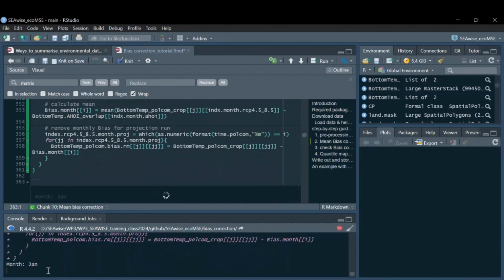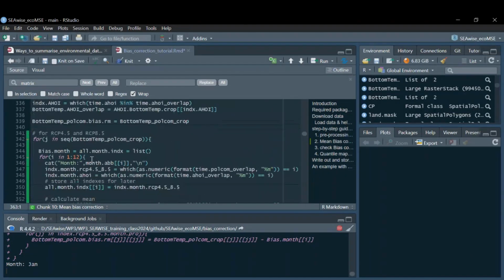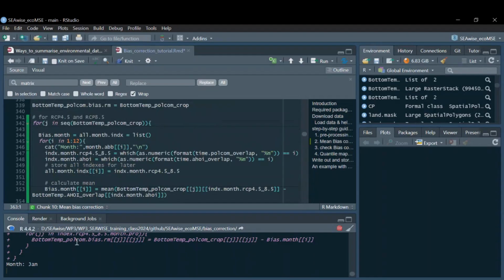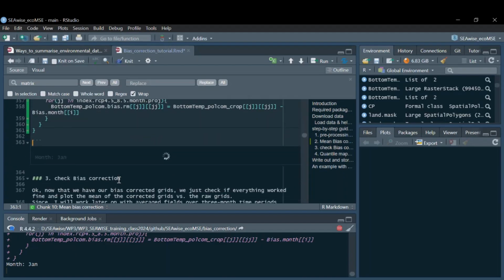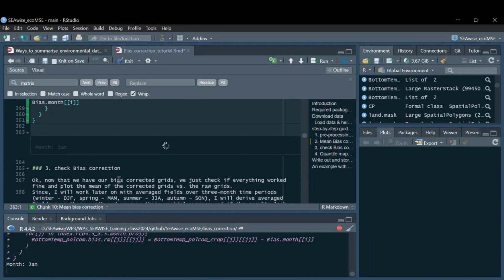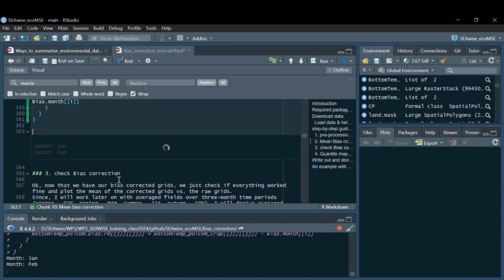This also takes a while. I just print out the months to the console, like, now it's running January, and when this is finished, we can check our bias correction if it worked correctly.